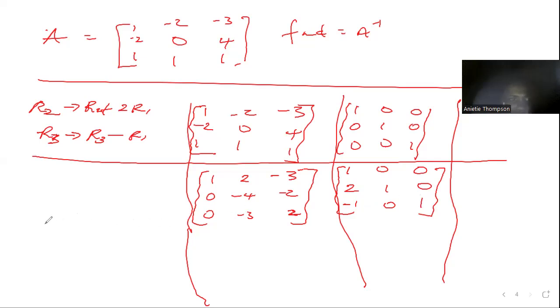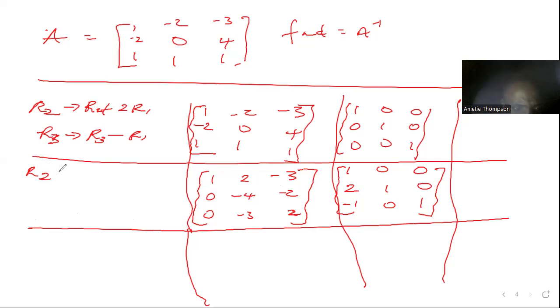All right. So we're still going to carry out the operation again. This time I'm interested in row 3 because I want this place to be 1. So row 2 will now become row 2 plus row 3.